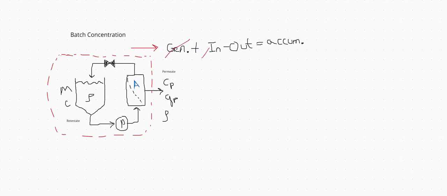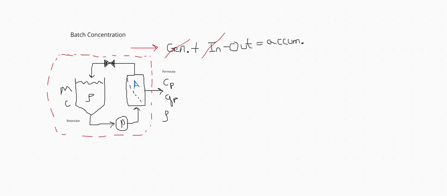Nothing's going into the system, so we can cross that out. We do have an out. And then there is the accumulation, which is the mass in the system over time, which we do have here.